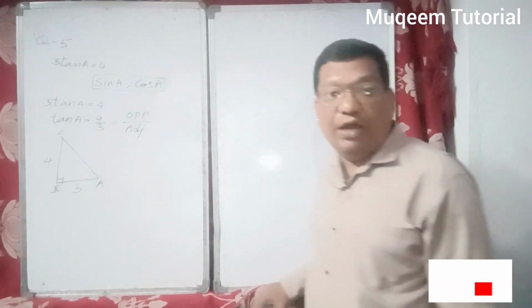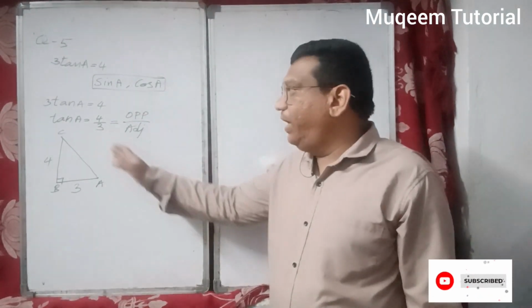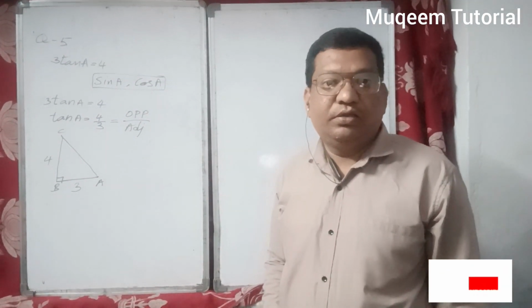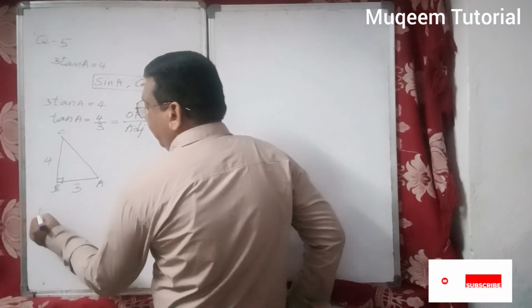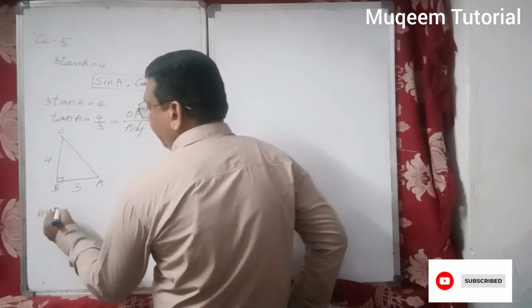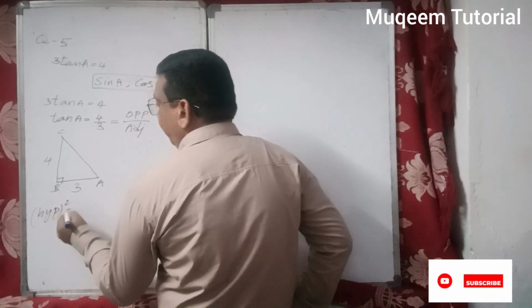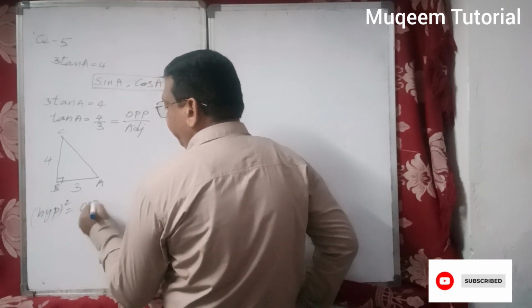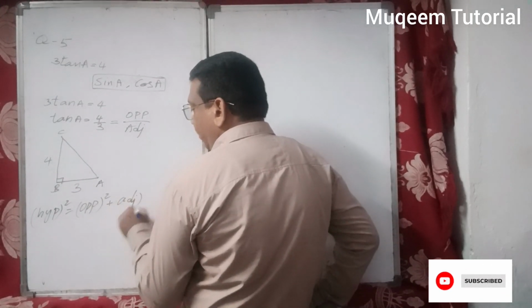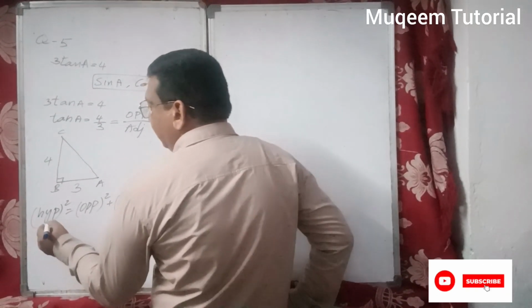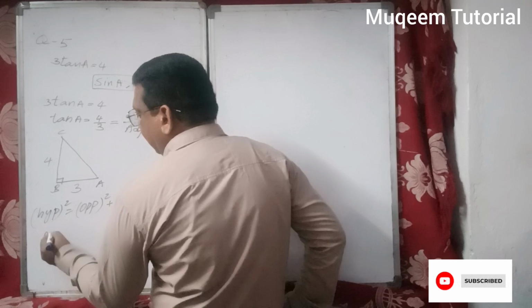Now what we have to find here is the hypotenuse. So same formula, we go with the Pythagoras theorem. Hypotenuse square is equal to opposite square plus adjacent square. The hypotenuse is AC.